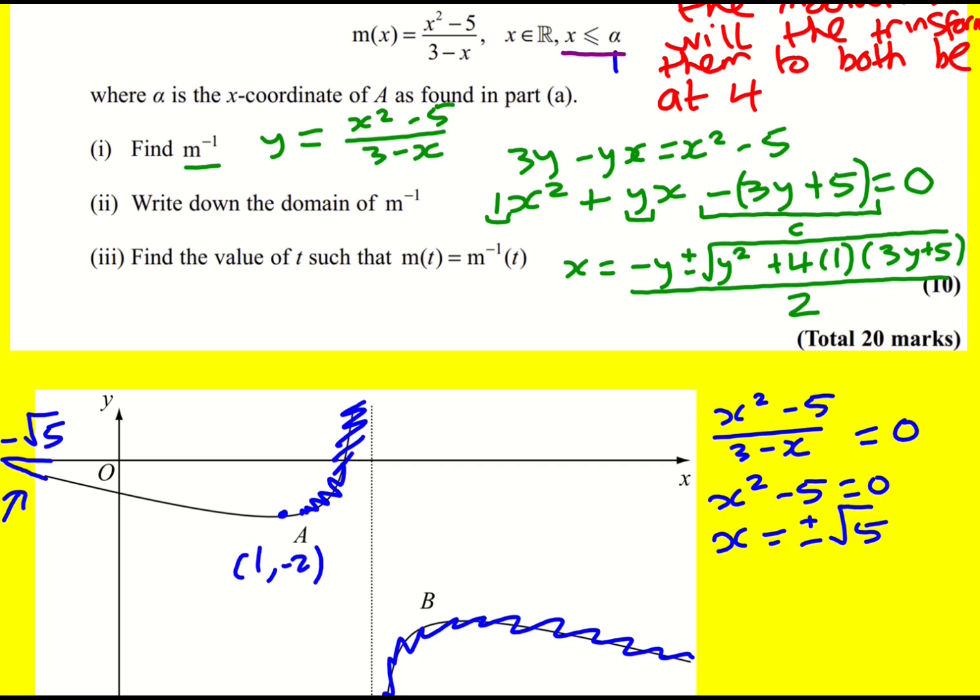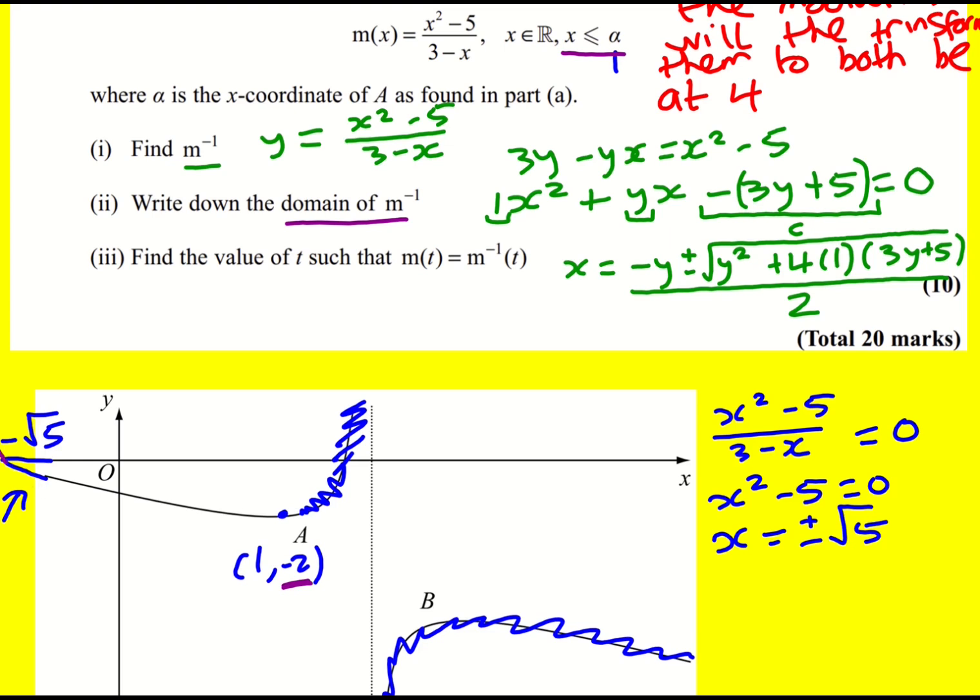We can also take a look at the range, and it's worth doing this because the range of m is going to be the same as the domain of the inverse. So let's do that at this point, and we can use the graph for that. Remember we had -2 as this minimum point, and then the curve carries on increasing.